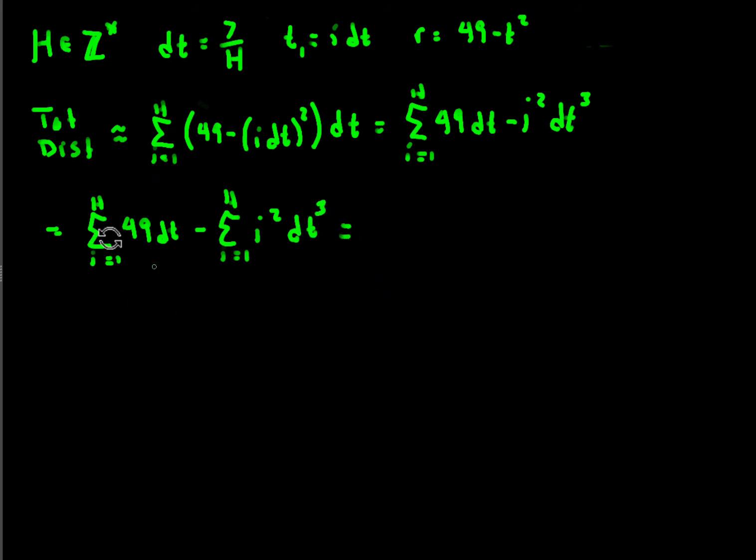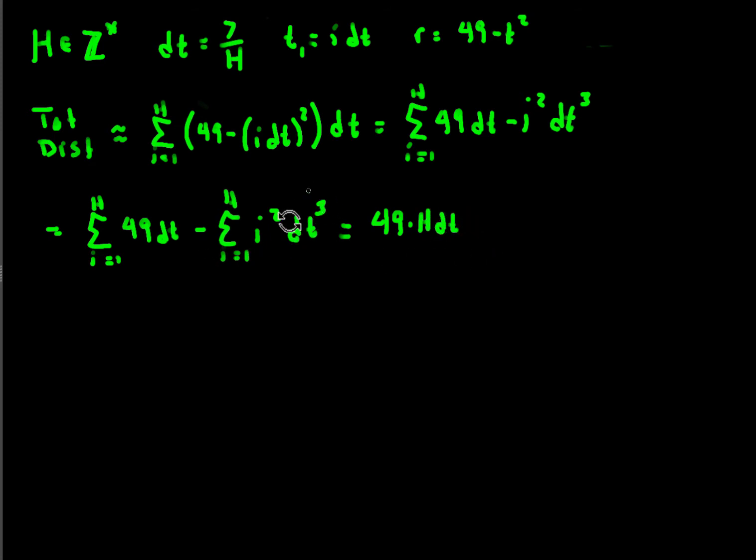Now this first summand, notice it's just a constant. It's 49 times dt. There's nothing changing here, and I'm adding it to itself this many times. So that should be 49 times h times dt.